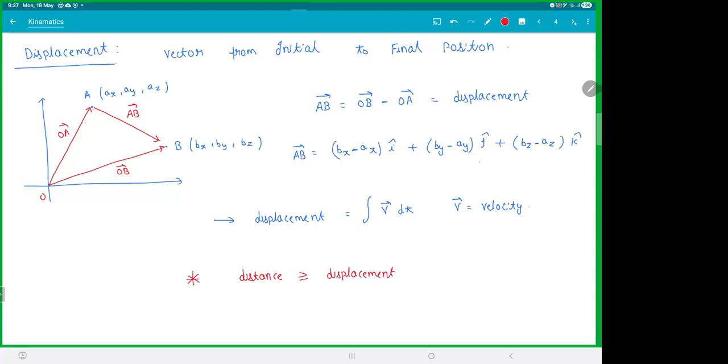What do you guys think? I have to put a mod first because displacement is a vector, distance is a scalar. You can't compare them. What you can compare is the magnitude of displacement, right? Not a big thing, but yeah, it happens. Mathematically, it's not right.